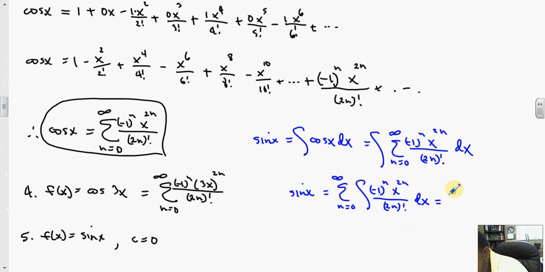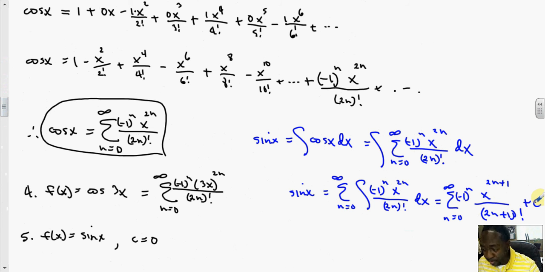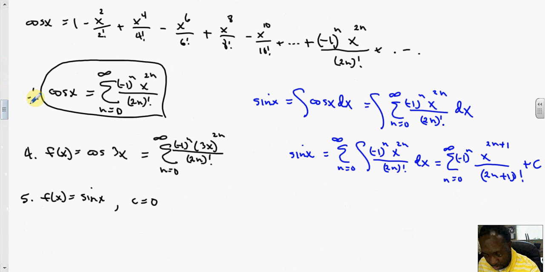Now you integrate: this is the summation as n goes from 0 to infinity, negative 1 to the n, times x to the 2n plus 1 all over 2n plus 1 times 2n factorial. That gives us 2n plus 1 factorial, plus some constant c, because this is an indefinite integral, right?